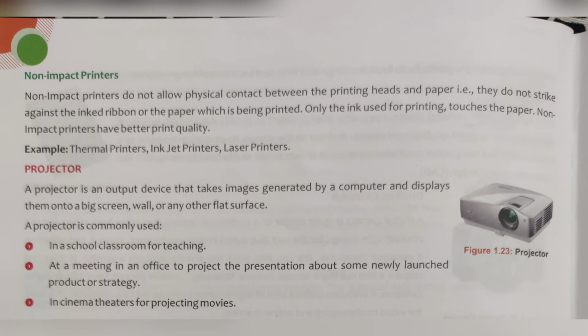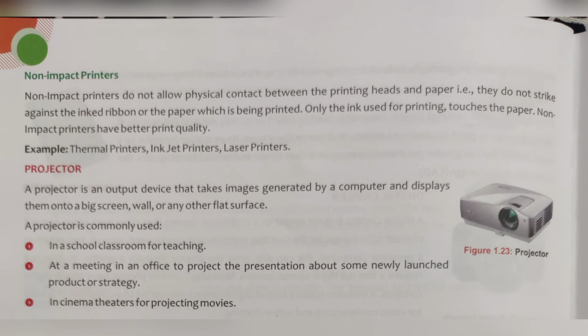Now the projector. It is our third output device. A projector is an output device that takes images generated by a computer and displays them onto a big screen, wall, or any other flat surface.